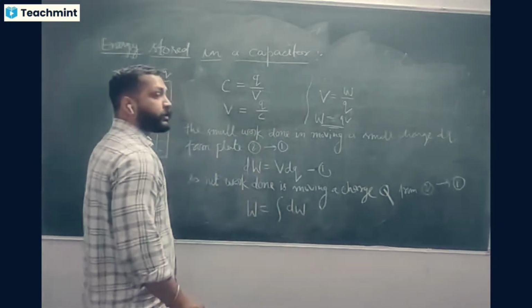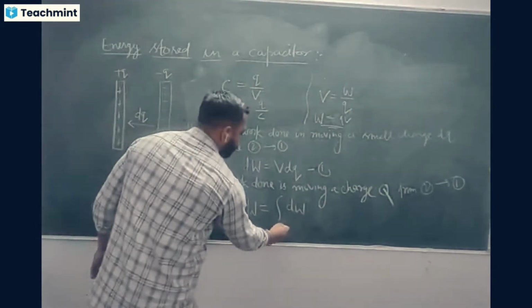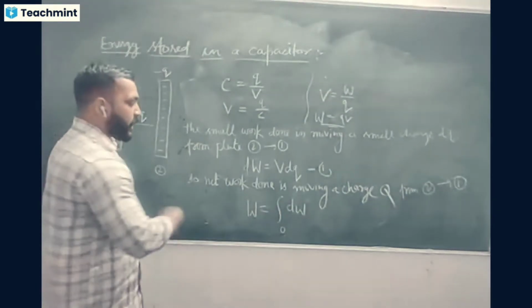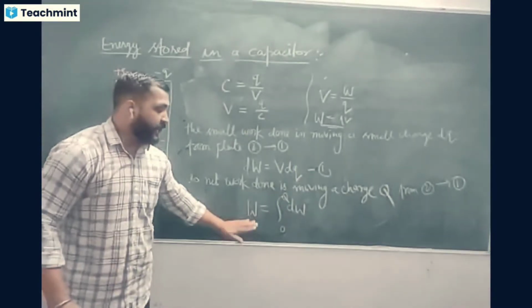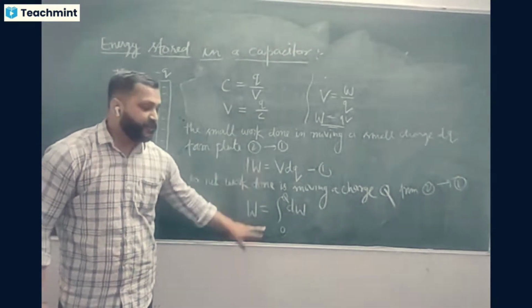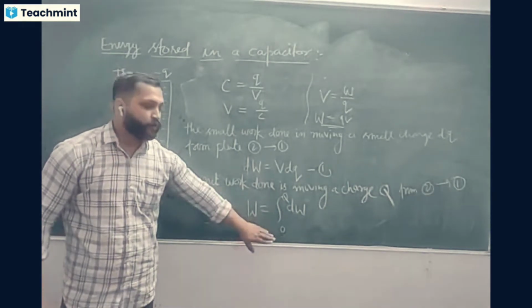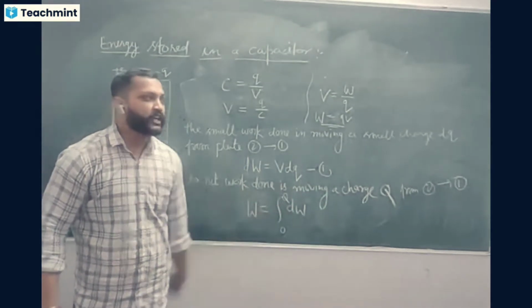And what limits will we put? Initially the charge is 0, when we have not transferred any charge, and after transferring, we have transferred a charge of capital Q. So the net work done will be given as the integration with limits from 0 to capital Q of dW.